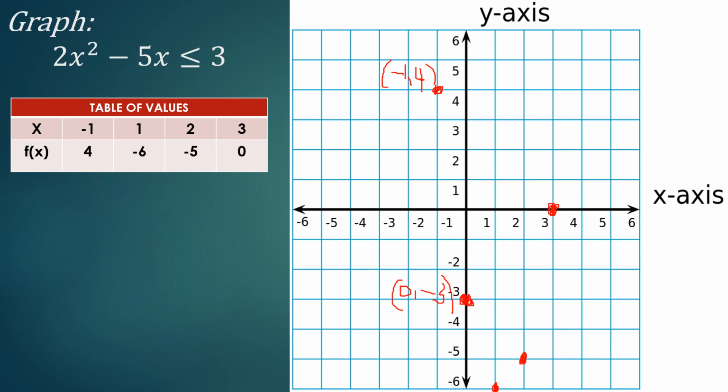This is 1 and negative 6. This is 2 and negative 5. And this is 3 and 0. After that, i-connect ko ngayon itong mga points.